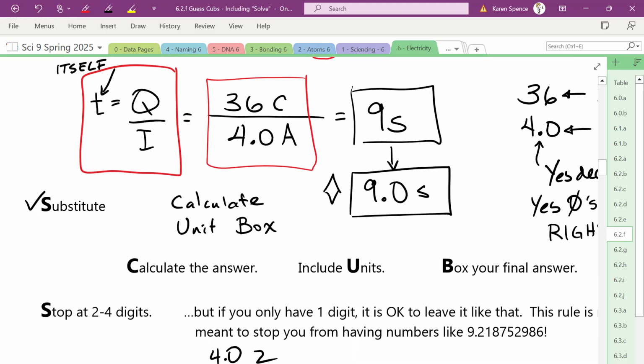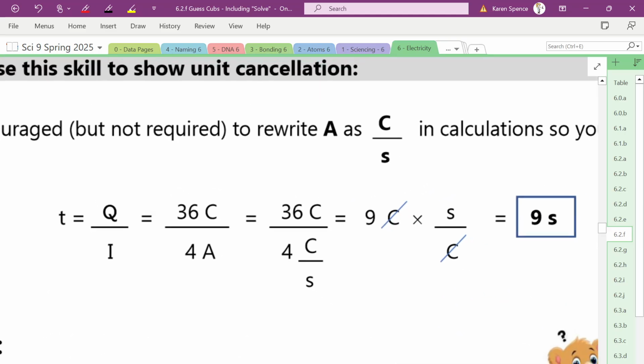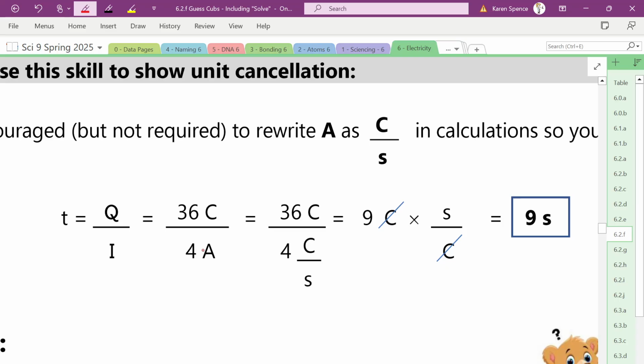So we're going to try that again, but we're going to turn the amps into coulombs per second. So instead of having amps, if you want to, you can instead write coulombs per second. Now we are dividing by coulombs per second, which is the same as multiplying by the reciprocal, which is seconds per coulomb.